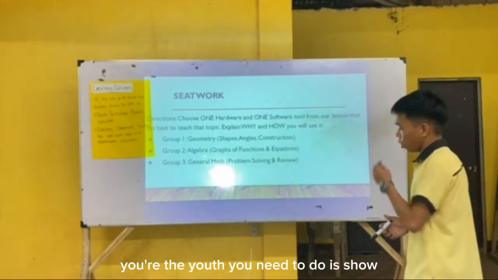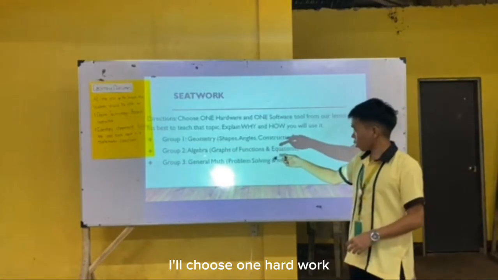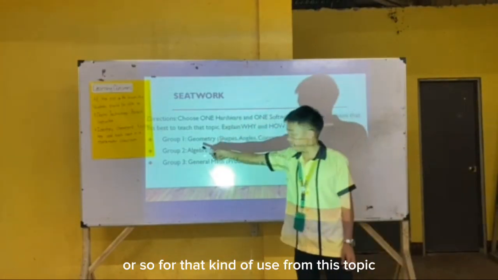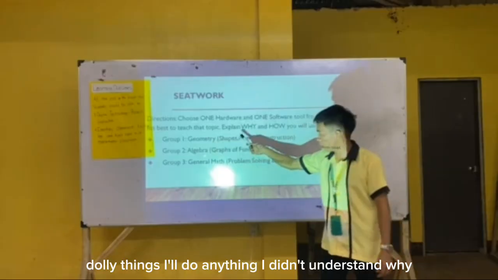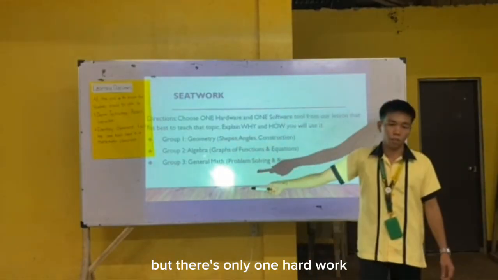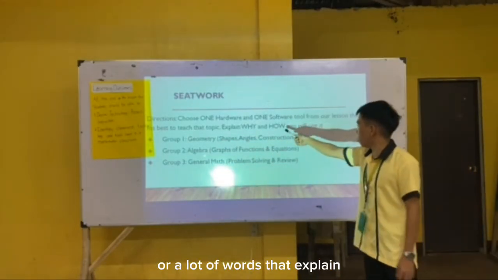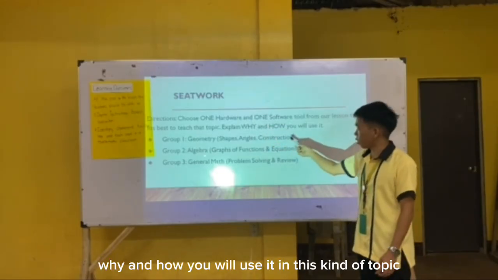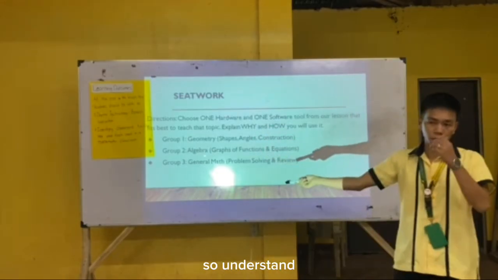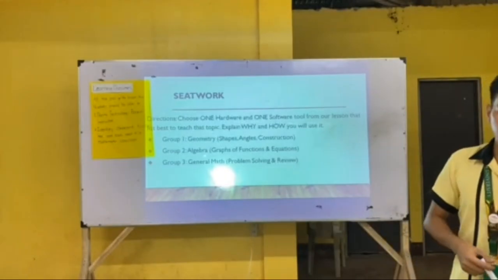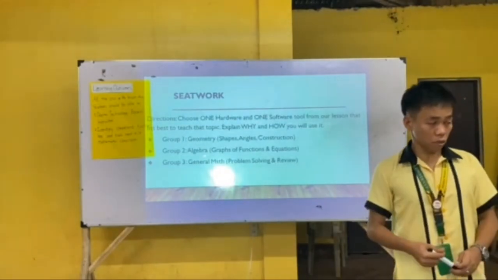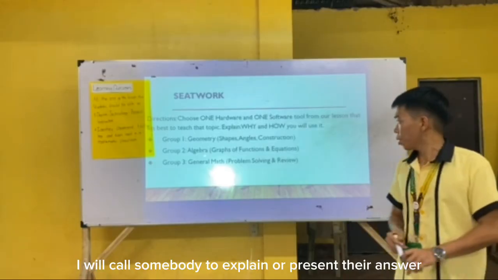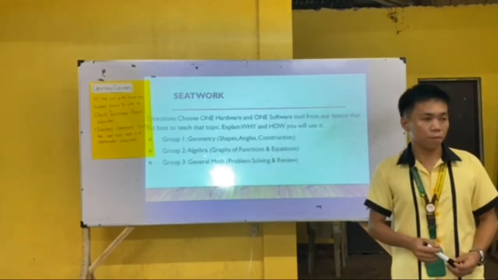What you need to do is choose one hardware or software that can be used in this topic, geometry, algebra, or general math. Just one hardware or one software, and explain why and how you will use it in this kind of topic. Understand? After that, I will call somebody to explain or present their answer on this paper.